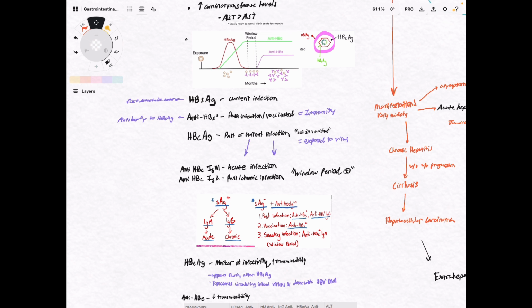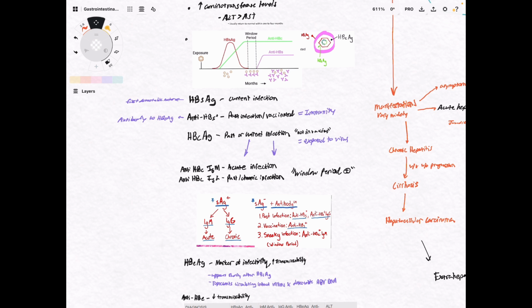So if the patient has anti-HBs and an anti-HBc, that means that they did not get the vaccine and they're infected, because the vaccine doesn't provide the HBc, only the infection does, and vice versa.